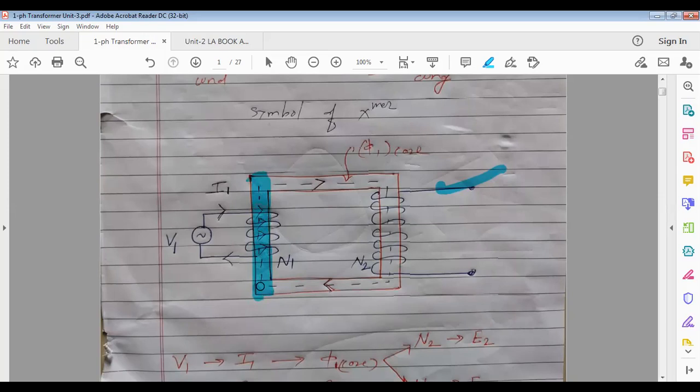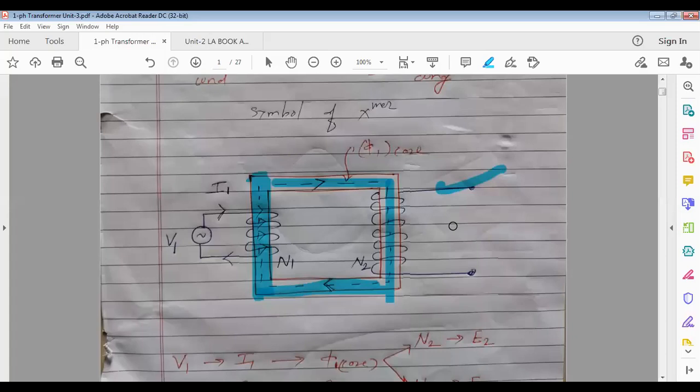These plates' thickness is 0.3 to 0.5 mm, and then 20 plates are stacked together, and like this they form one side limb. This one also, this one also, and this one also. Means in the complete construction you can find it is not solid, it is laminated construction. 20 plates for example, each of thickness 0.3 mm to 0.5 mm, and varnish is there on both sides of the plate.